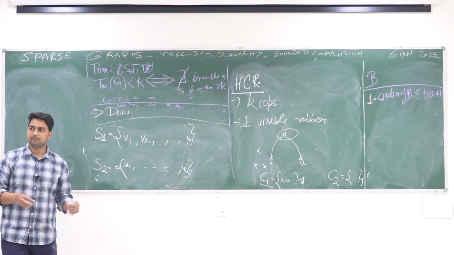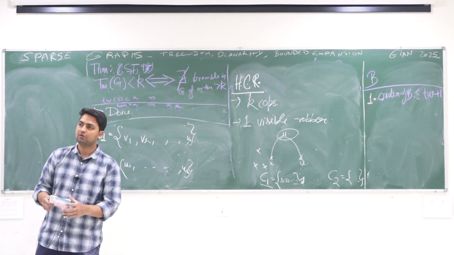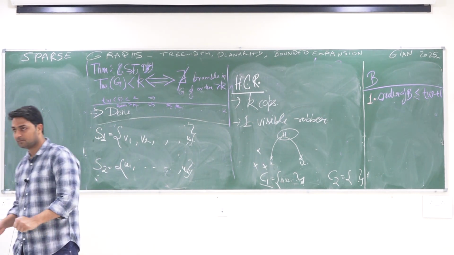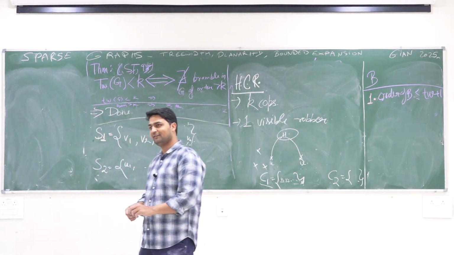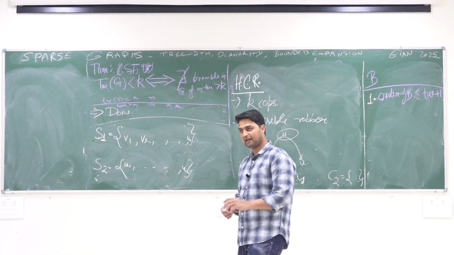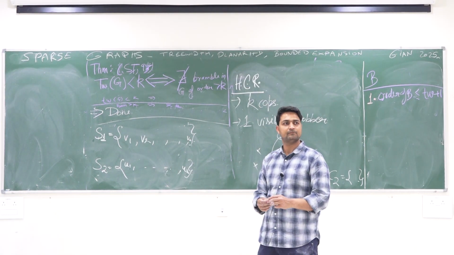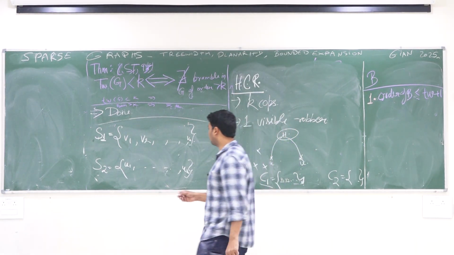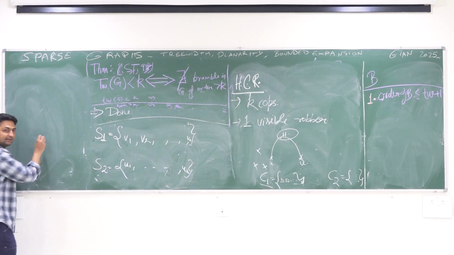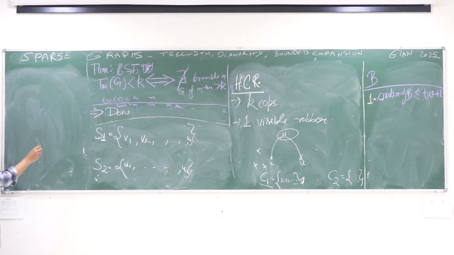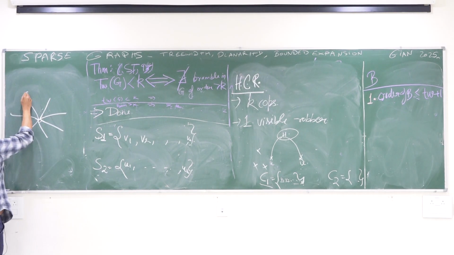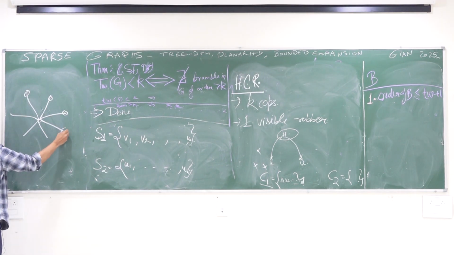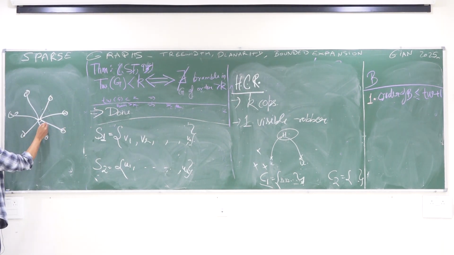So the objective of the game is to corner the robber in such a way that he can't move, and a cop should land on the robber. Exactly. The robber can move, and he can jump anywhere, but he cannot cross a cop. If you show one example, maybe a path or something. The objective is to minimize the number of cops, right? If the robber is at the center, then it cannot move.